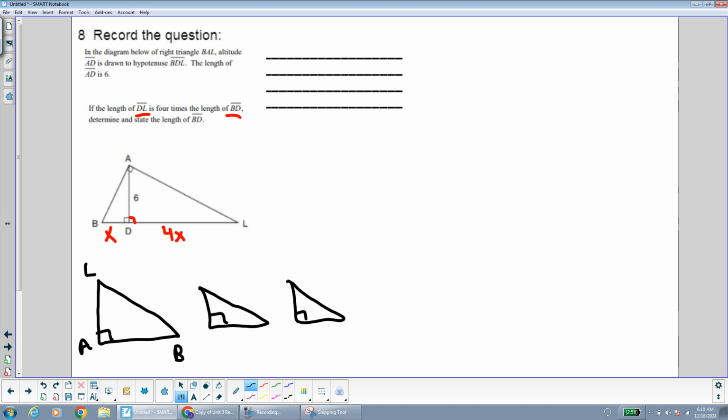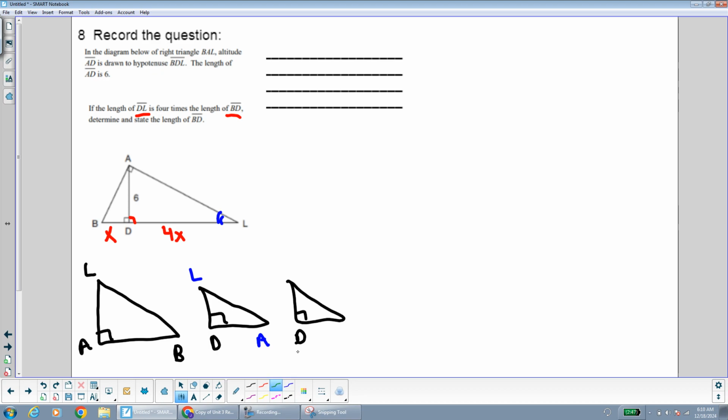In both of the small right triangles, the right angle is at D. Now we're going to think about what each of the small triangles shares with the big triangle. We'll start with the medium triangle. The medium triangle shares L. L is in this triangle, and at the same time, it's also in the big triangle. So if I put L here, I'm going to put L here in that triangle, and that leaves A in this triangle to be the last letter.